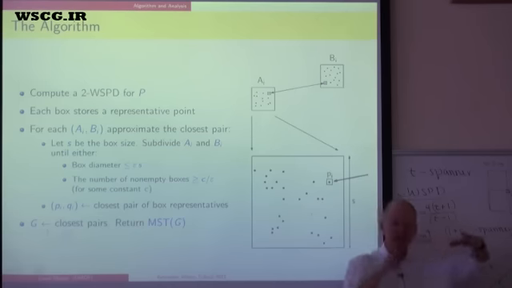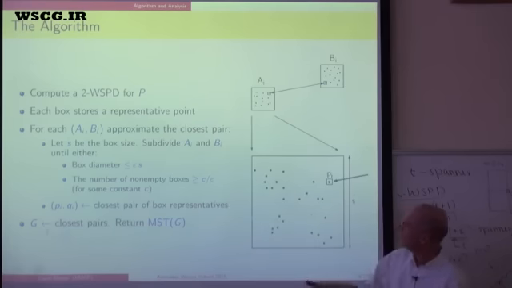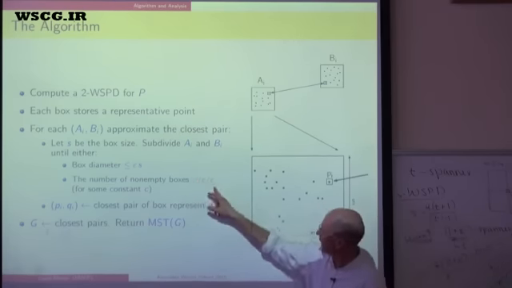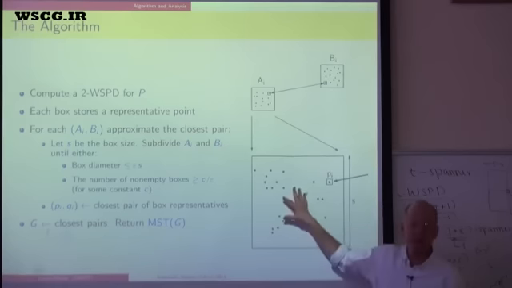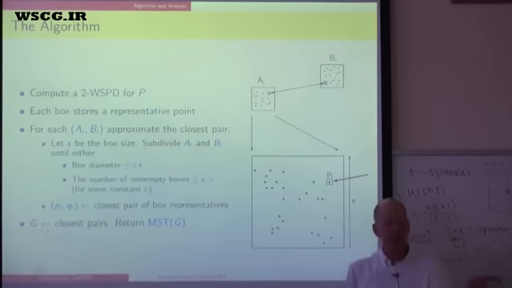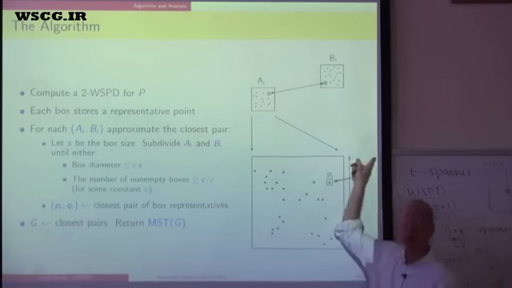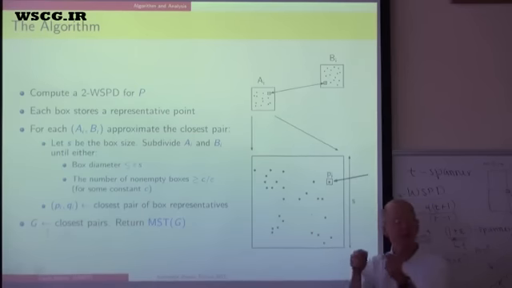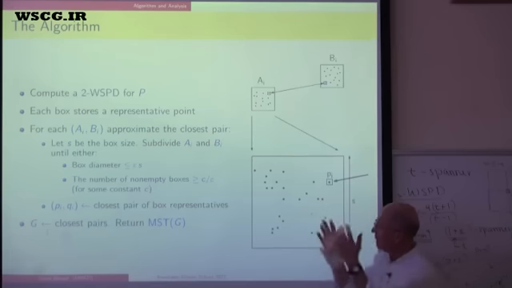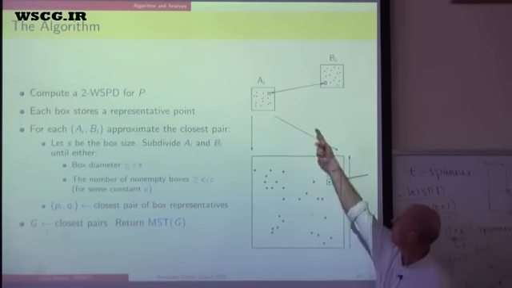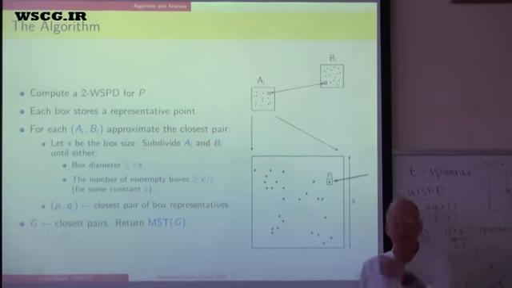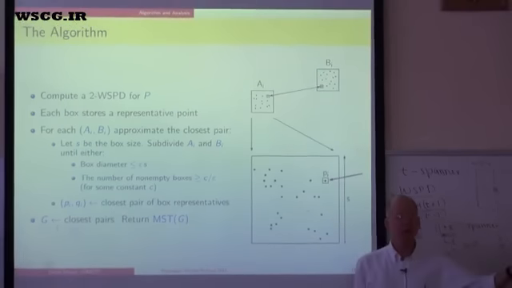You have lots of leaves and branches in your spanning tree. That's good because if I make a mistake, I can charge my mistake against all of the bushiness that I have there. So either of these two conditions is good. Again, the number of boxes in any one of these is at most 1 over epsilon, so I just compute the closest pair, every box over here against every box over there, look at the representatives and take the closest pair. And that gives me a pair of points, one per well-separated pair. Add them to your spanning tree and compute the minimum spanning tree.